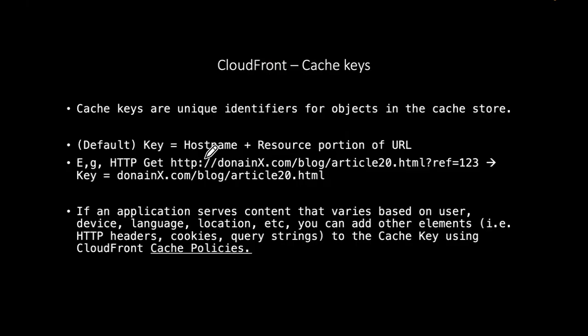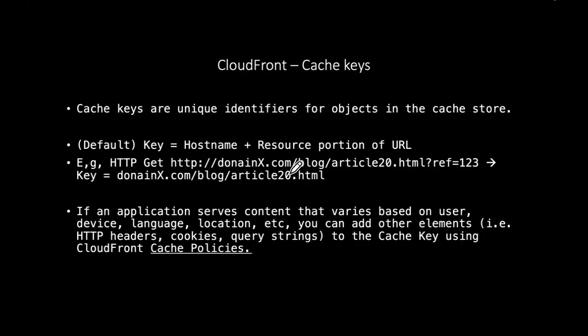So, for example, if this was the domain name of your website, and this was the particular path to the asset you were trying to access, one of our edge location servers received that request and went back to the origin and got the actual resource. When it stores a cache entry for that resource, this is actually going to be the key of that cache entry, which is what I'm showing you here. And the value would be the actual HTML page itself, obviously.